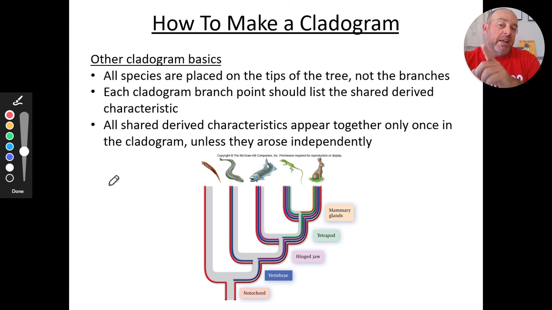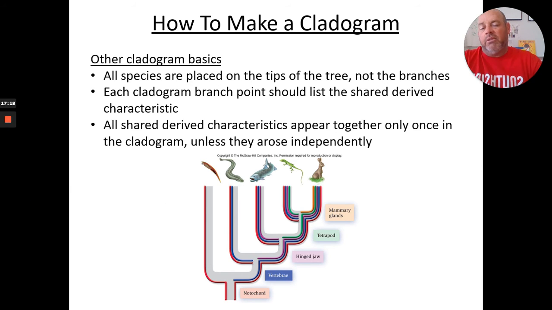We did have one of those in our slides earlier in the chapter where we said that wings arose independently, right? So you might have wings at this branch, and you might also have wings at this branch later on if you were dealing with wings. So it can happen that way, but typically things only arrive one time.